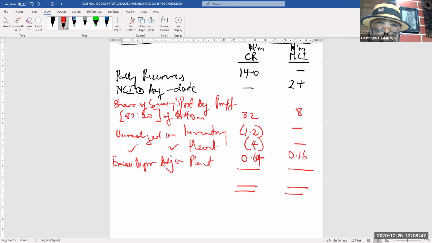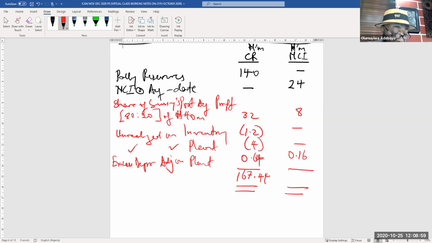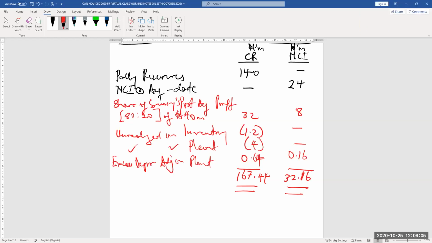Please confirm whether my own figure is also correct. 167.44. And this one is what? 32.16. 24 plus 8 plus 0.16. Please confirm. This is 32.16. Yeah, exactly. Are the two figures correct? Yes.